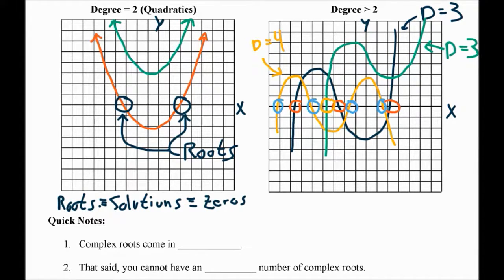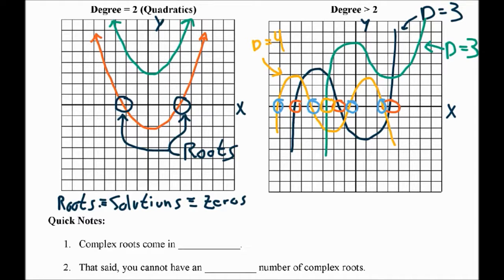And that would make sense, right? So if there's one, there has to be 2 more because I said earlier, every time that you find a solution that is complex, its conjugate will also be a root for that function.